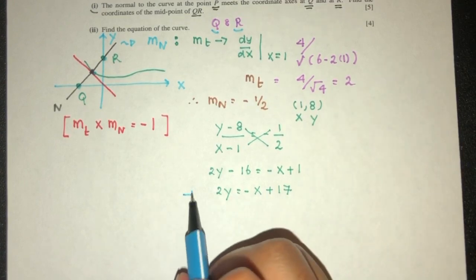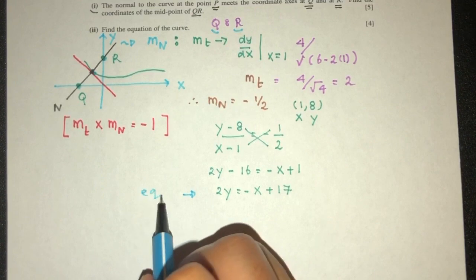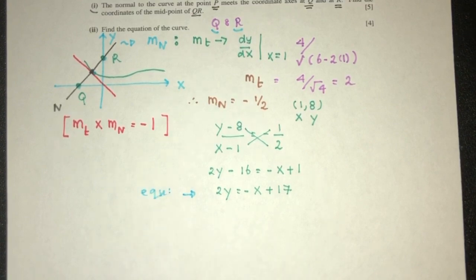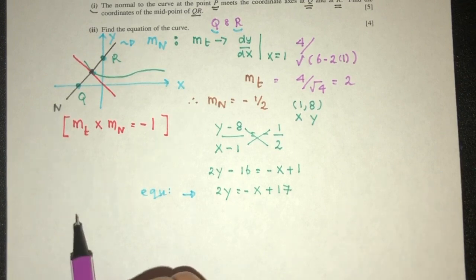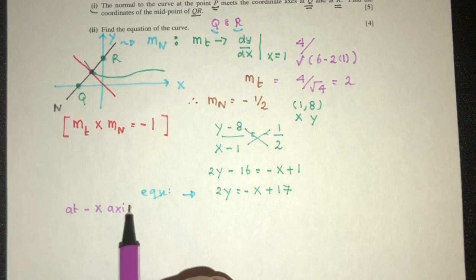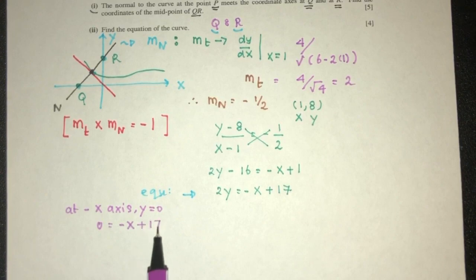Okay, great, that is done for part 1, the equation of the normal. Now moving on, we have to find the points Q and R at the axes. At the x-axis, we know the value of y has to be 0. So replace, you will have 0 equals minus x plus 17, so x has to be 17.